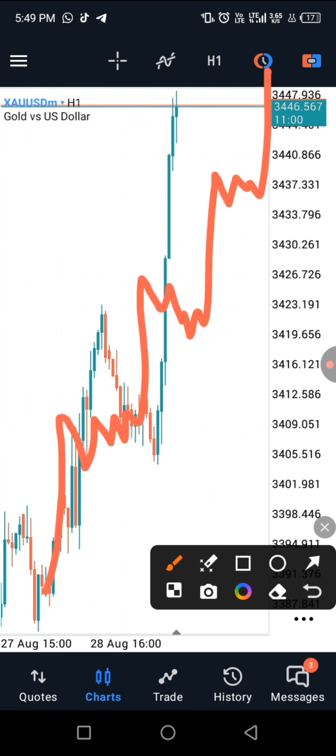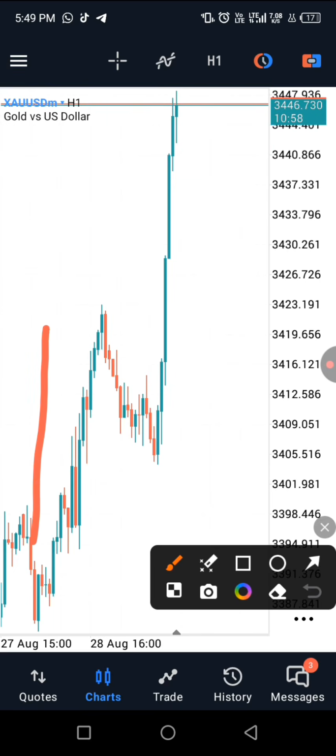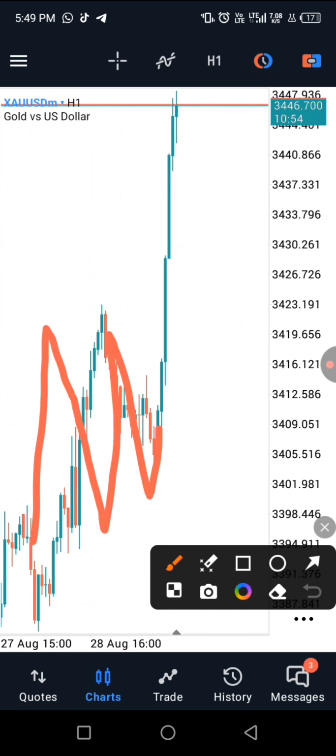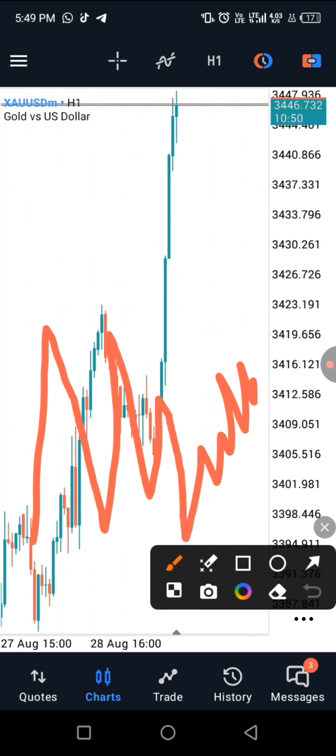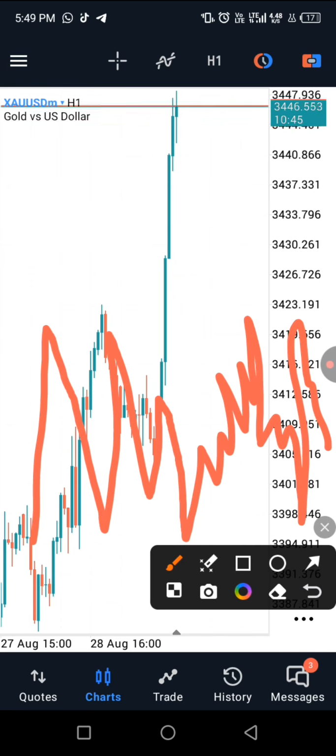But on a ranging day, the market is going to buy, sell back, buy, sell back, buy, sell back again. It's just going to keep on printing so many candles. So you have to understand these things, distinguish between them, and try to trade in line with what is happening in the market.